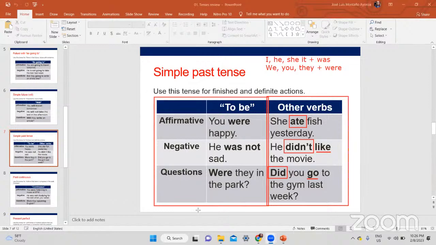I... how do you say drink in past? I forgot that. Yeah, don't worry. You change the I for an A, so you say drink. Drank. Okay.